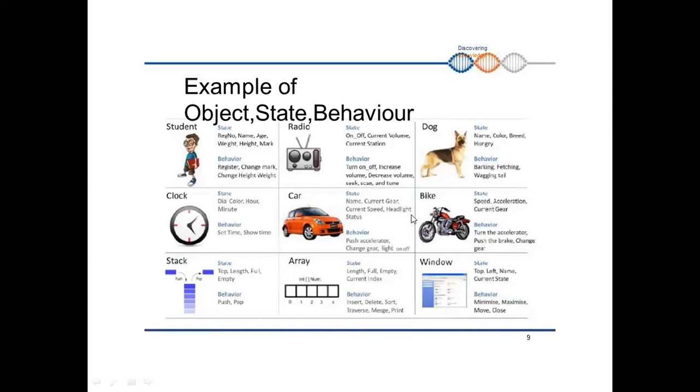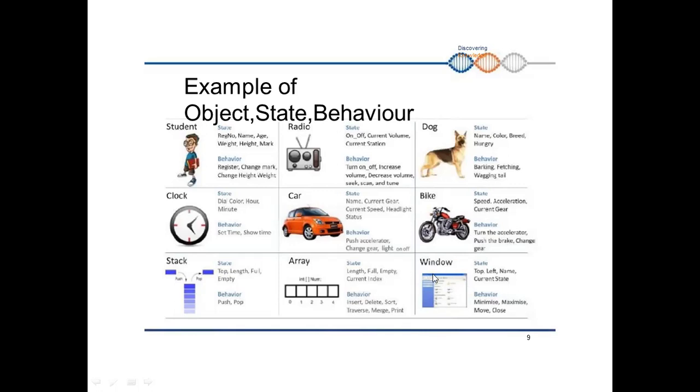Next object is bike. So attributes, data members for the bike can be speed, acceleration, front gear. We can also add color, model number, year of manufacturing, and operations performed by a bike can be turn on, accelerator, push the brake, change gear, and many more. Next object is window.